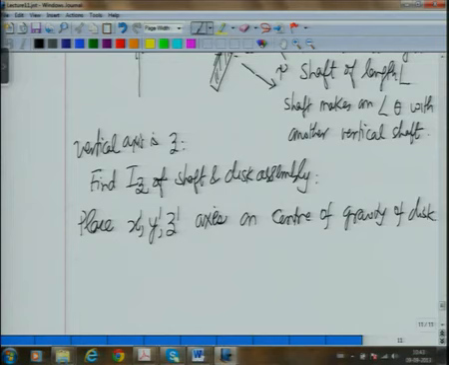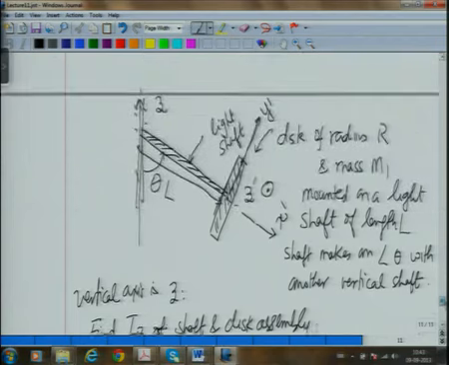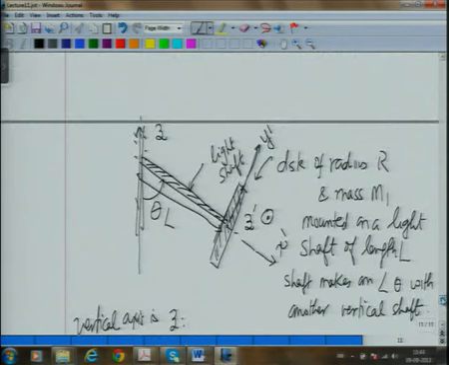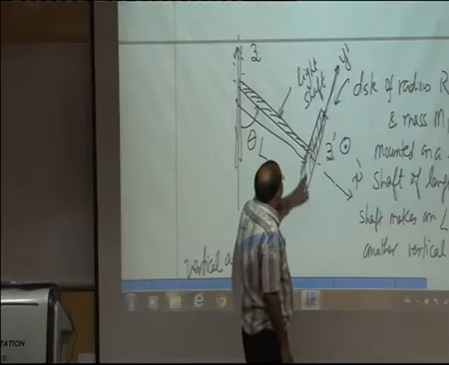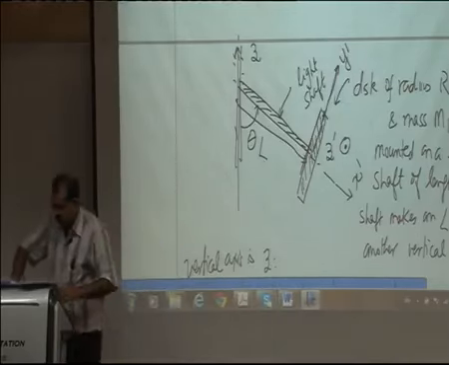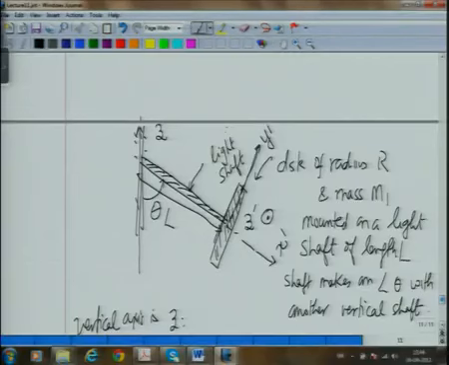Okay. Now why do I choose x prime, y prime, z prime as these inclined axes? Because for these inclined axes I know products of inertia will be 0. I x prime y prime, I y prime z prime, all these will be 0 because these are axes of symmetry. Is that clear? So now where is the z axis here? The parallel z axis, let me show it by red color.